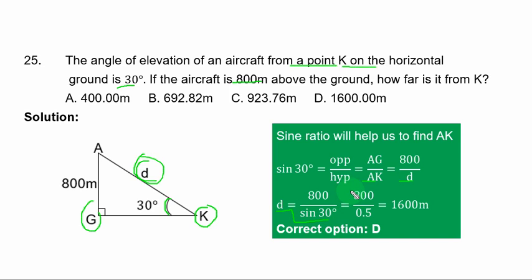So you have 800 over sine 30, which is 0.5. If you divide 800 by 0.5, you have 1,600 meters. So D is the correct option.